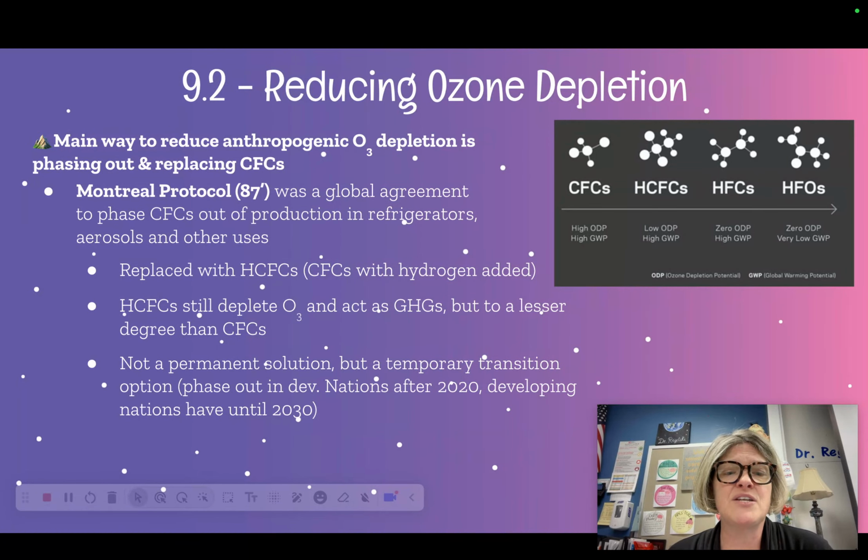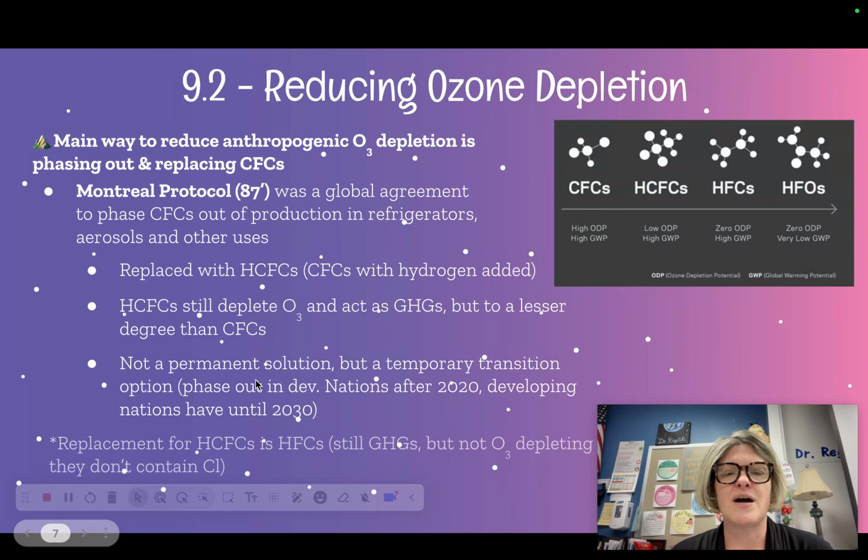And then developing nations have until 2030 to phase out using CFCs and moving completely to HCFCs. So we are getting there. We're not quite there yet, and we saw how long those chlorines can actually stay in the atmosphere, which is a bad thing. So this is the transition. This is what we want to move to, and that's what's happening.